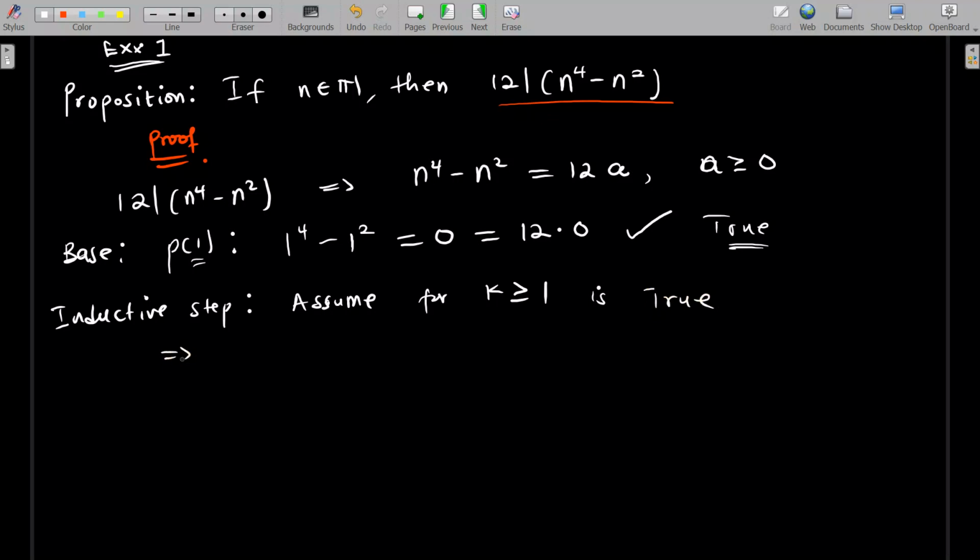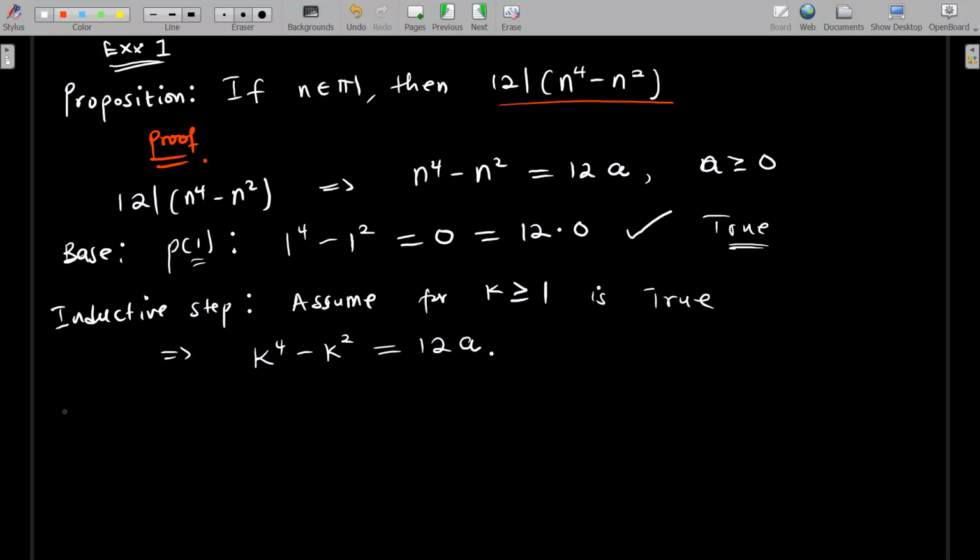This implies that if I substitute n with k, then k to the power 4 minus k squared should be equal to 12 multiplying a constant. All these a's will be different for different n values that you pick. So we are assuming this is true.